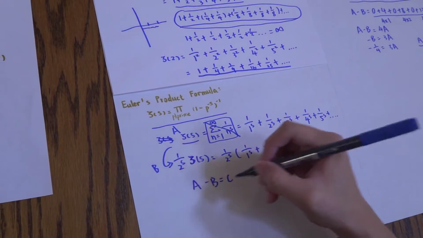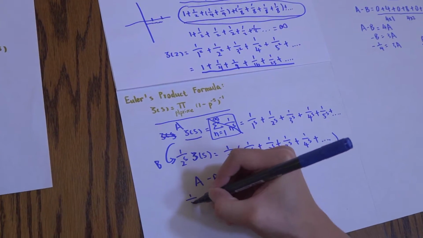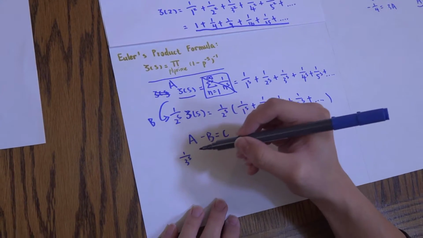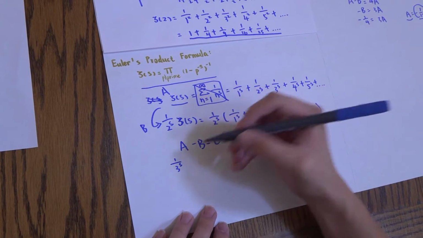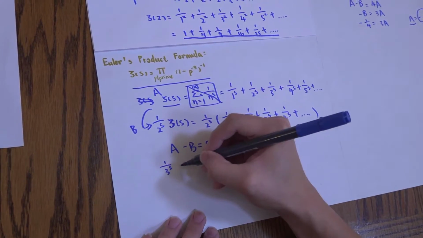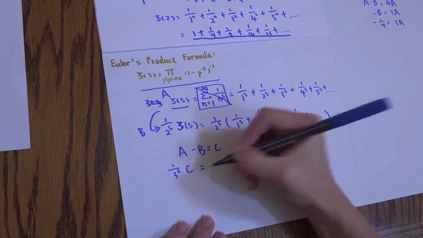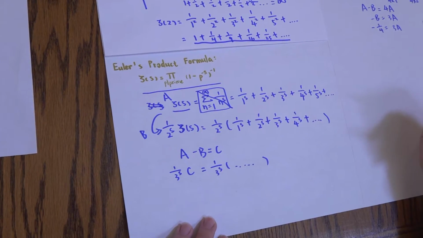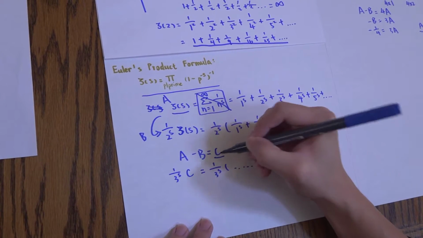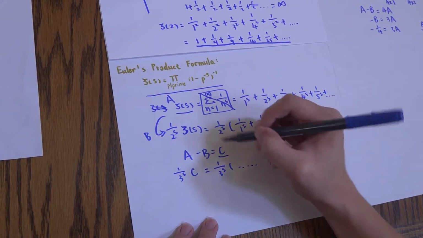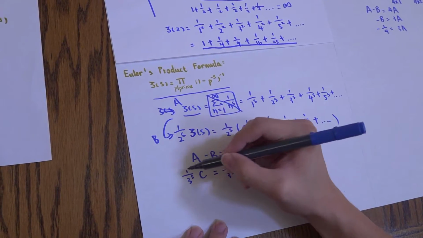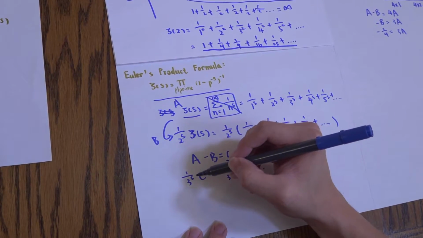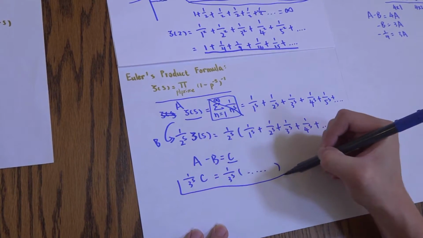And then we multiply c by 1 over 3 to the s power on both sides, so this will be c times this entire thing, right? And then we take c minus 1 over 3 to the s power times c, the entire thing.